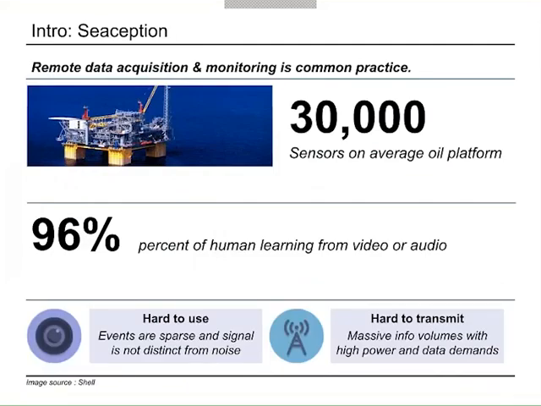So Seaception has an idea to really allow cameras to see like humans do. There are 30,000 sensors on an average oil platform, but those are structured sensors, meaning that they have a periodic and defined, easily viewable Excel table.